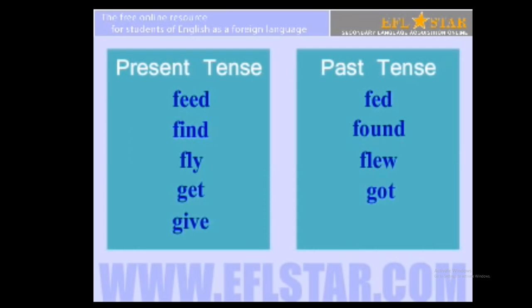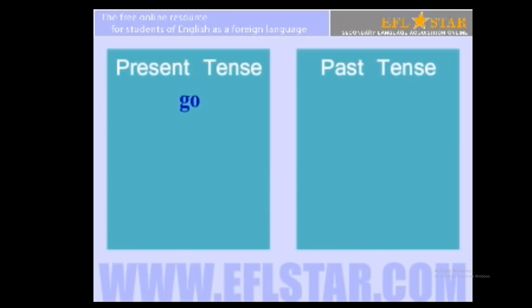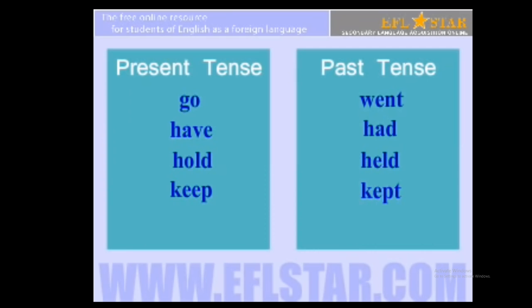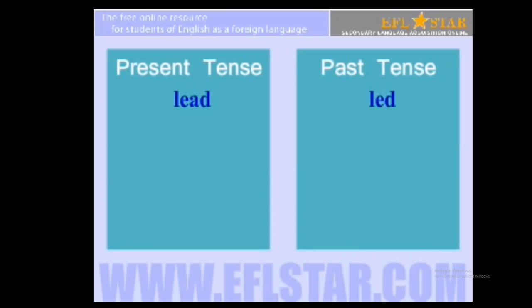Give, gave. Go, went. Have, had. Hold, held. Keep, kept. Know, knew. Lead, led. Leave, left.